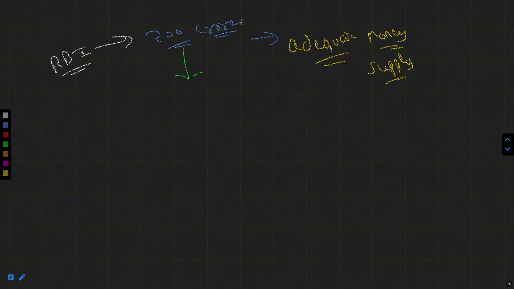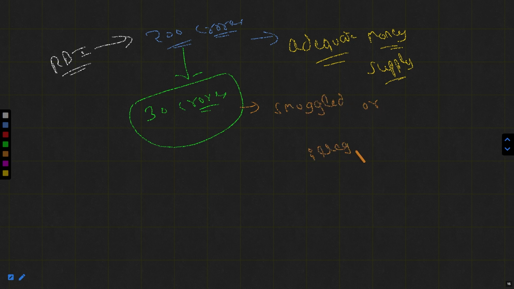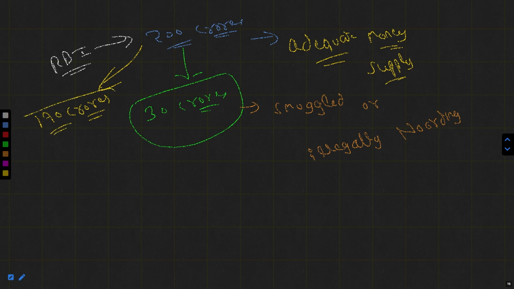Out of these 200 crores, 30 crores rupees have been smuggled, or you can say illegally hoarded. Got it? It means that 200 crores must be required, but right now only 170 crores were in the economy. So what will happen in such a case? The 30 crores is in shortage.